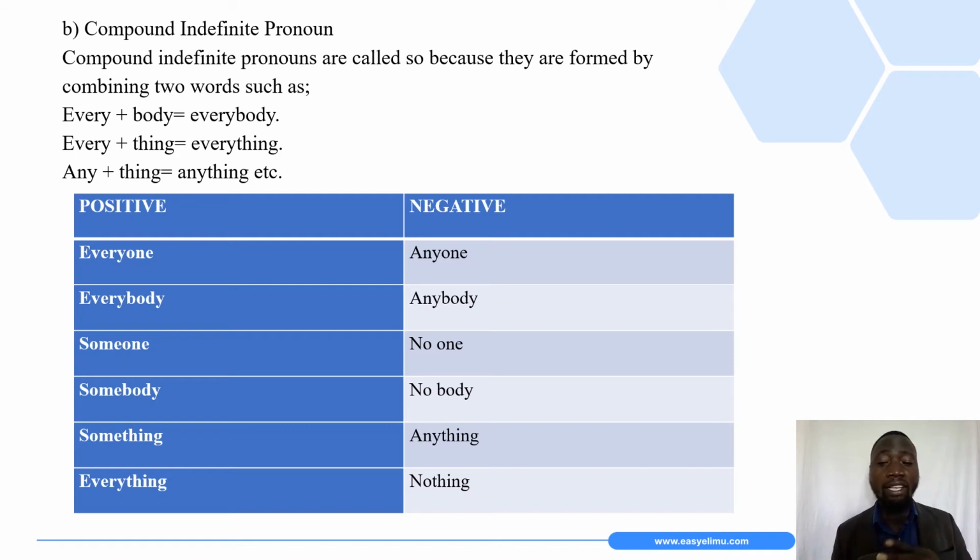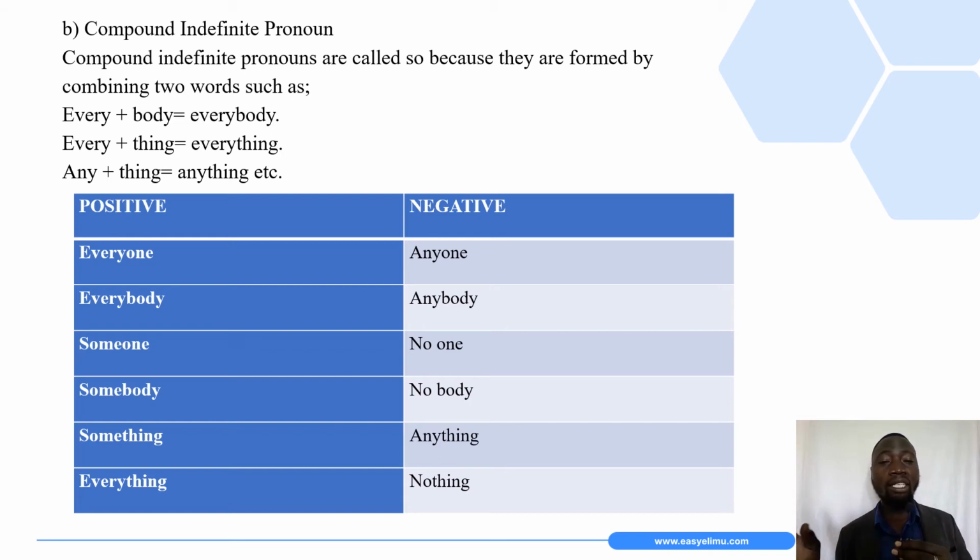So let us move to another main type of indefinite pronoun, and that is a compound indefinite pronoun. They are called so because they are formed by combining two words.